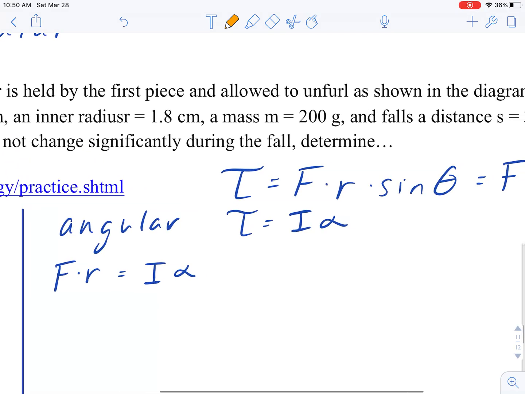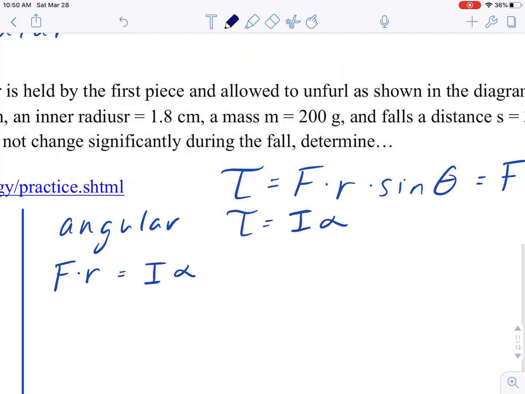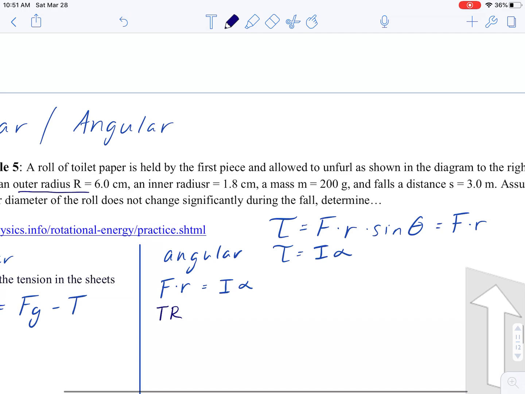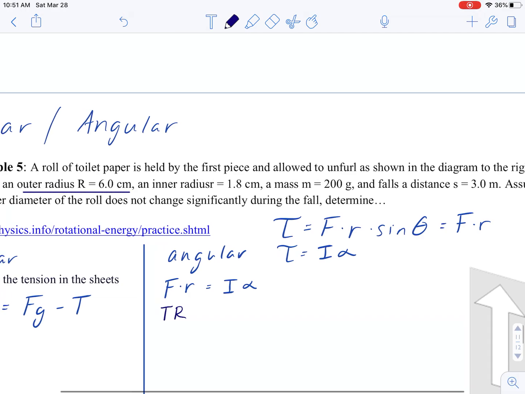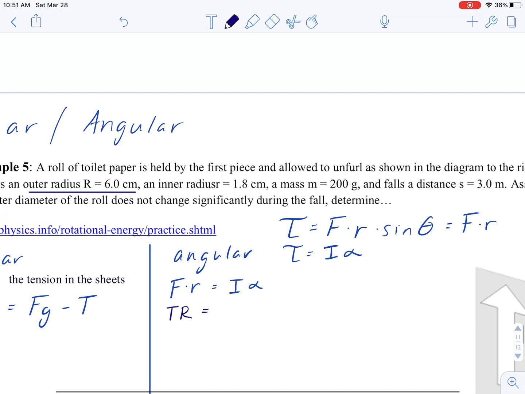So back up to the top here. This F, this force causing rotation, is the tension. And this capital R is the outer radius of 6 centimeters. The moment of inertia of this hollow cylinder is 1/2 m times the outer radius squared plus inner radius squared.